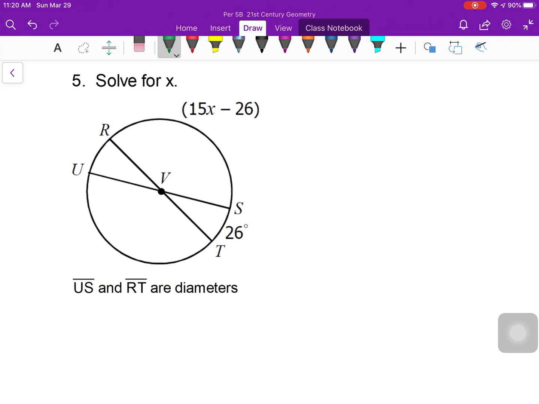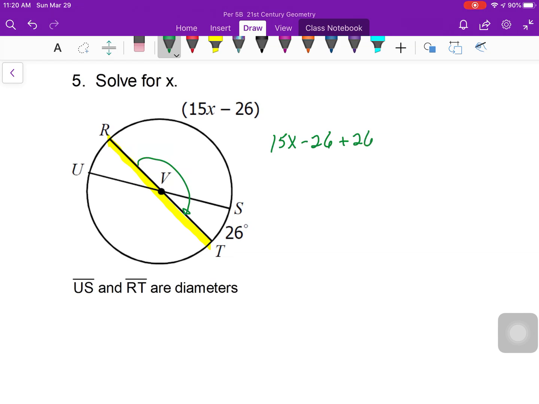Now, this next one is a little bit more involved because it actually has variables there. But we do have a diameter. So since we have a diameter, this being a diameter right here, we do know that this whole thing right there is 180 degrees.